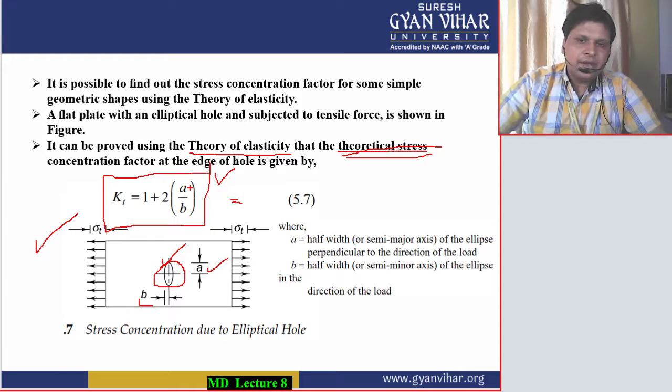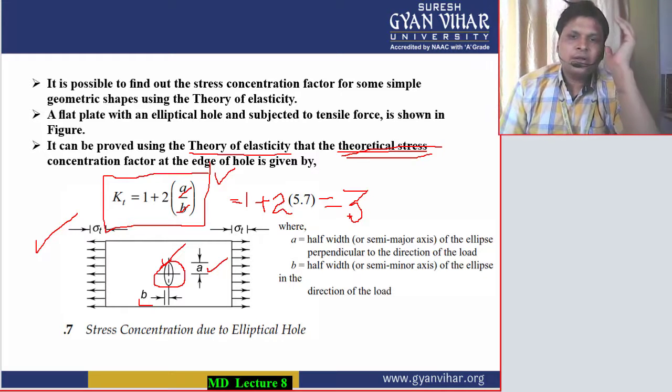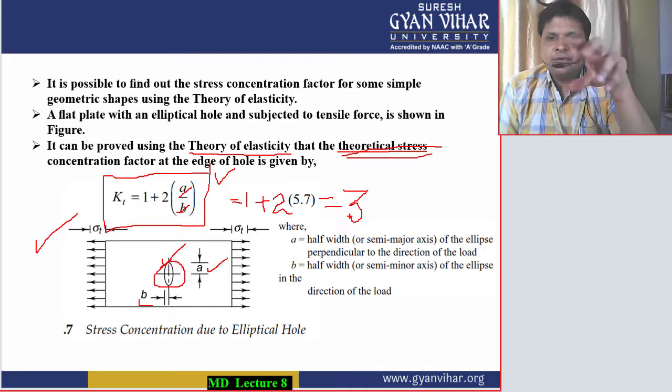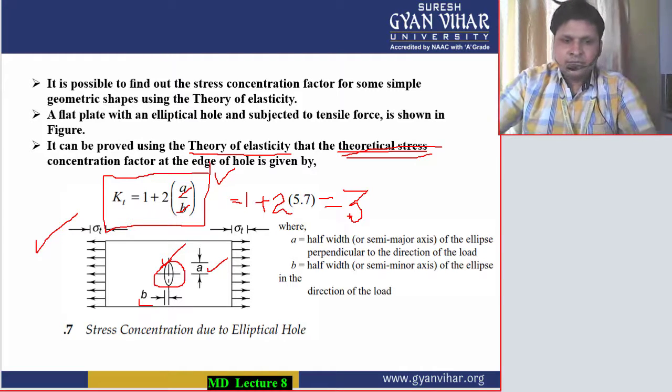So a and b would have been the same, and they would cancel out in the case of a circle. It will be equal to 1 plus 2, which means 3. So one deduction from this formula is that for a circular hole, the stress concentration factor becomes equal to 3.